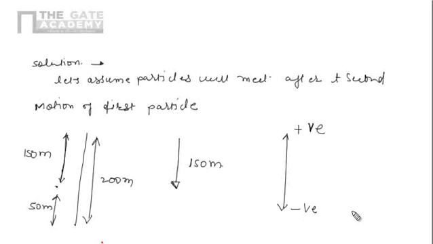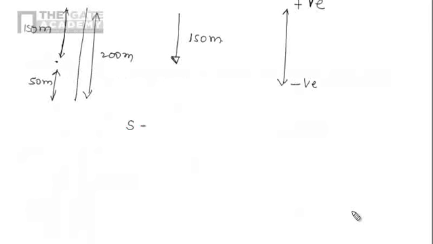So now I am applying the equations which are used for motion with uniform acceleration. Here the first particle is moving under gravity, so the acceleration is nothing but acceleration due to gravity.